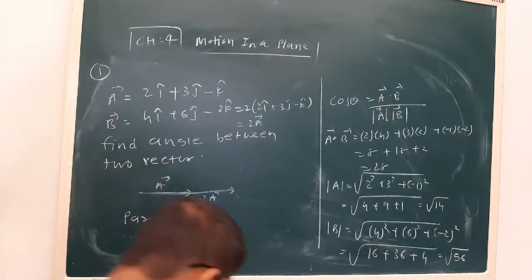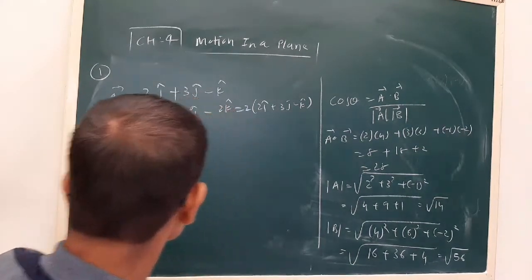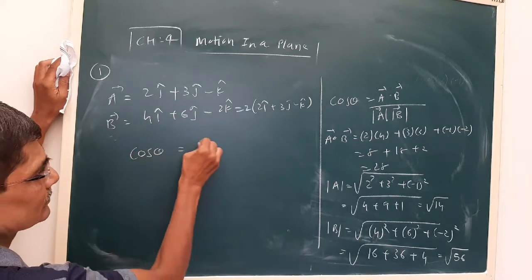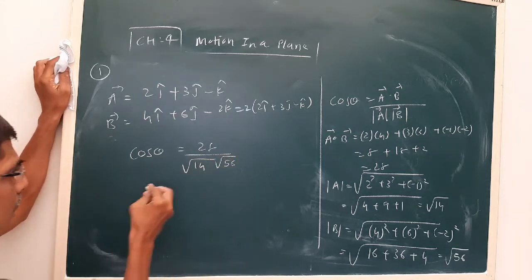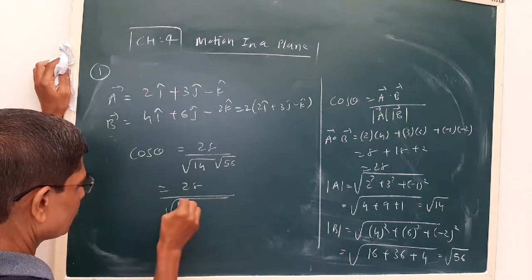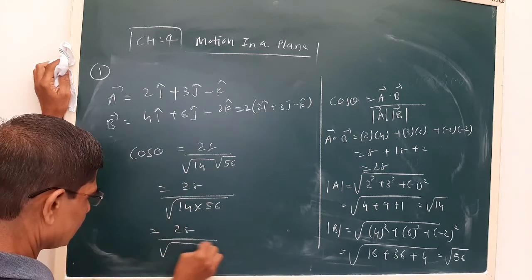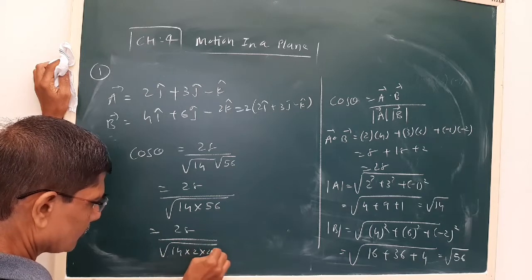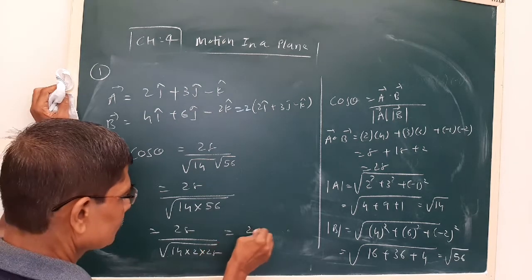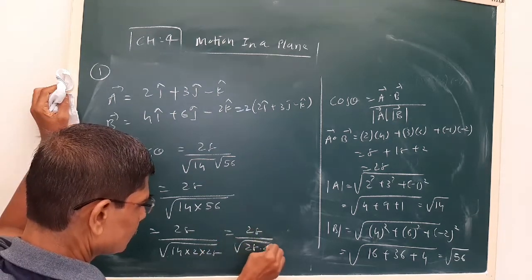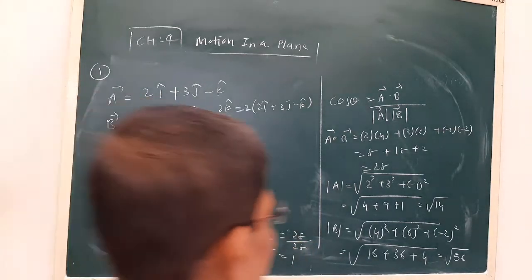Now if I substitute, 56 is 28 into 2, so root 56 is 2 times root 14. Now cos theta is 1.